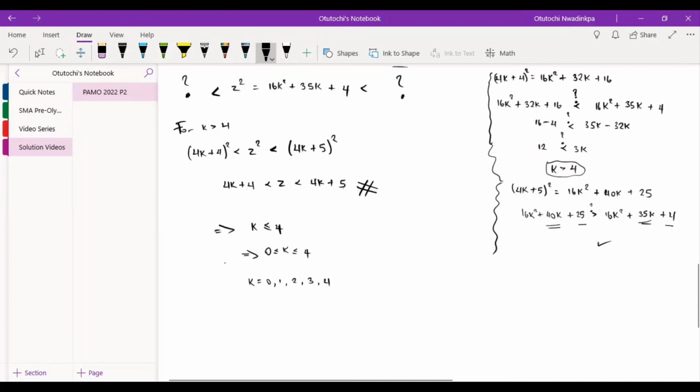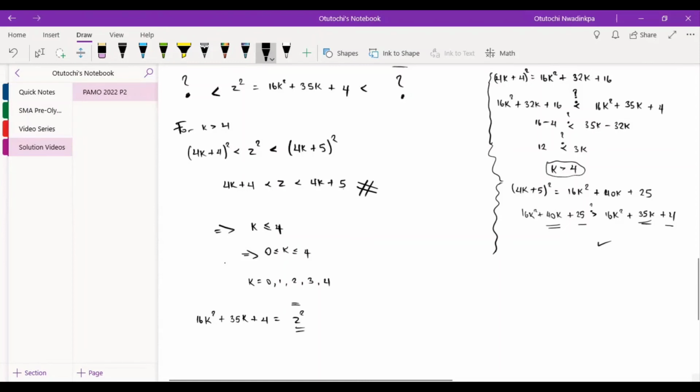So let's test it. But first, remember that the first step in testing this is that 16k squared plus 35k plus 4 must be a square. If you plug any of these k values, 0, 1, 2, 3, 4, into 16k squared plus 35k plus 4 and we don't get a square, then that's a big red flag telling us that the value of k is not possible.